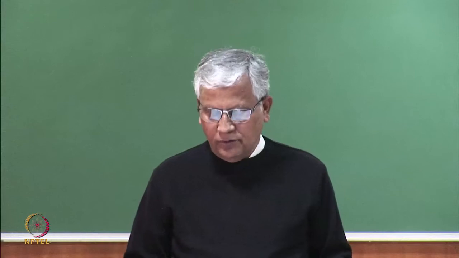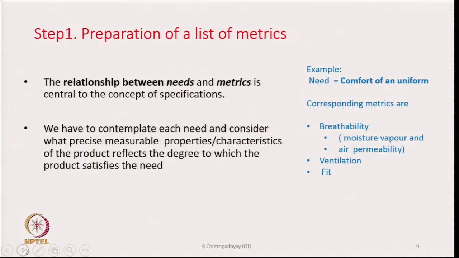So, there are many, that means one simple need has multiple metrics. So, comfort is one need, but the metrics for comfort is going to be properties related to breathability, ventilation, fit, stretchability, things like that.